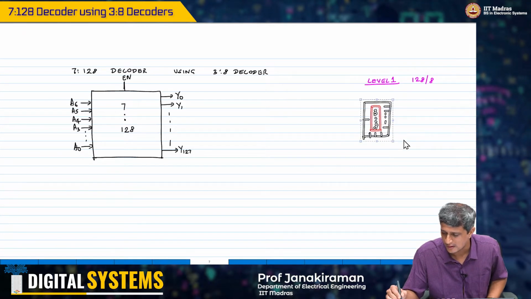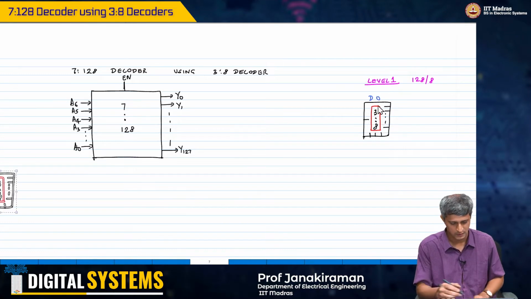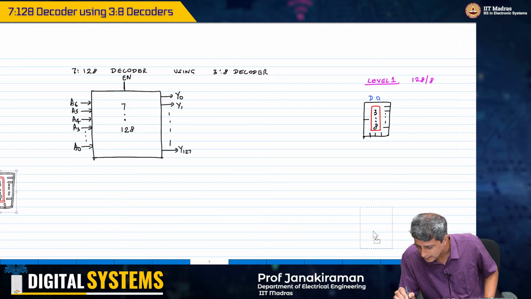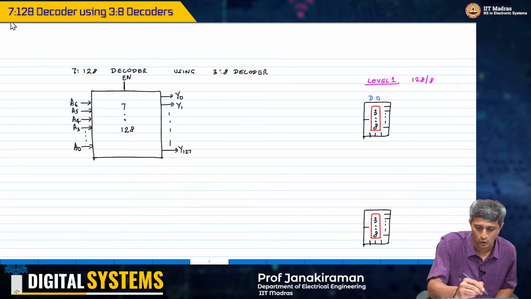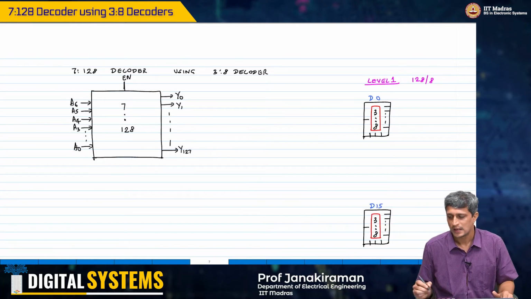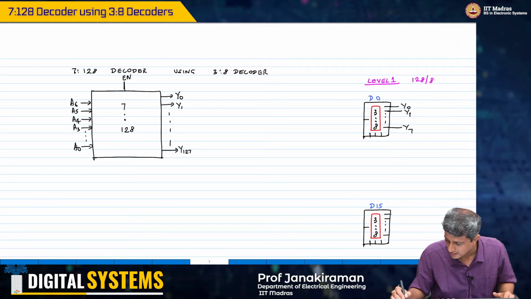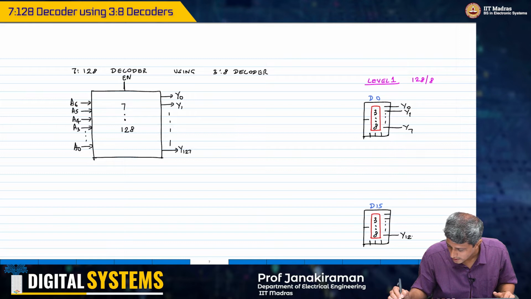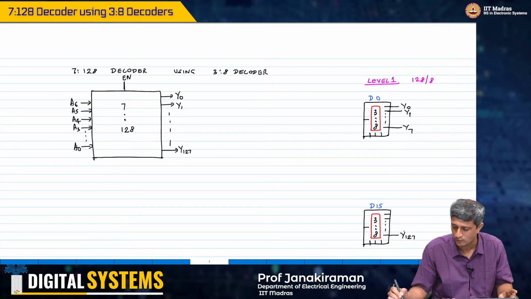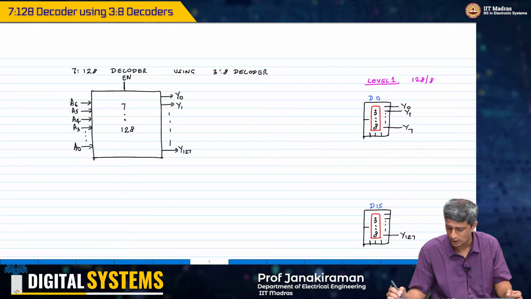So I have decoder D0, and I will go all the way to D15 in level 1. The outputs are obviously going to be Y0, Y1, up to Y7, and the last will be Y127, 126, 125, 124, 123, 122, 121 and 120.